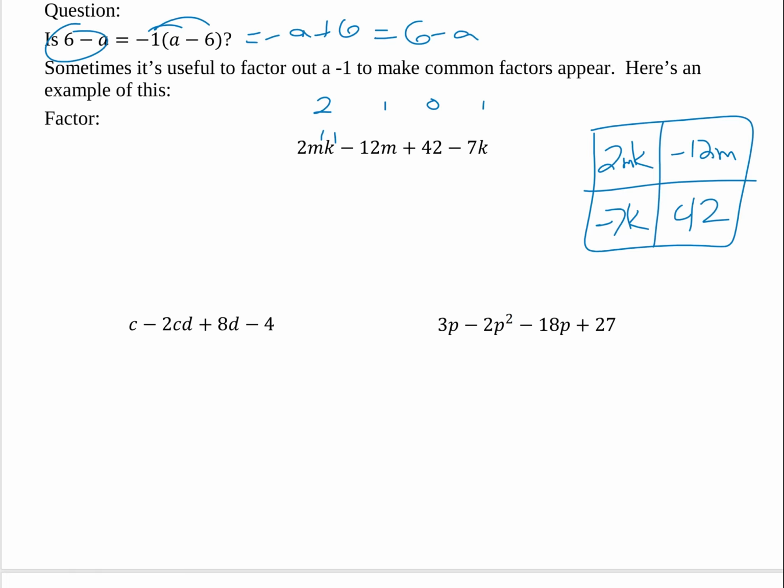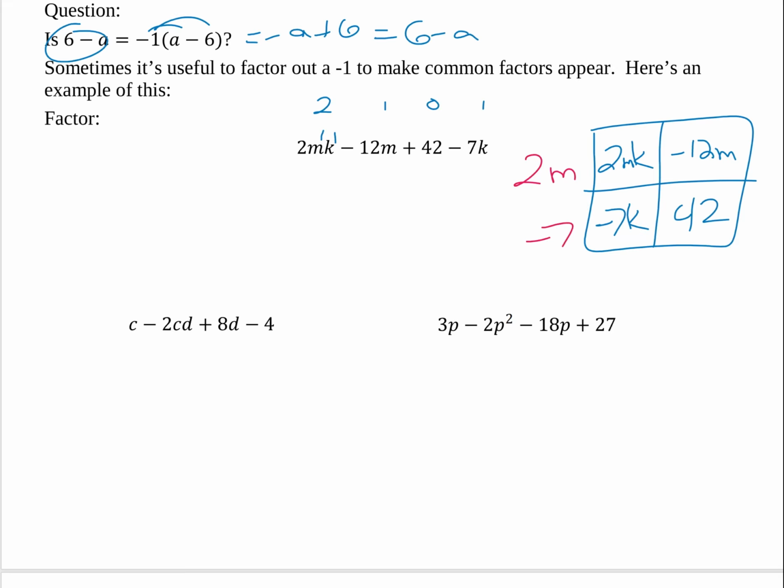All right, so what's the GCF for the top row? Look at the numbers, 2 and 12. So 2. And then we'll look at the letters. Do we have any common letters? The M. Yeah, so 2M. How about the bottom row? Negative 7, yeah.